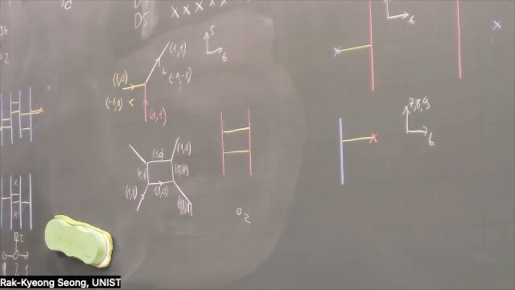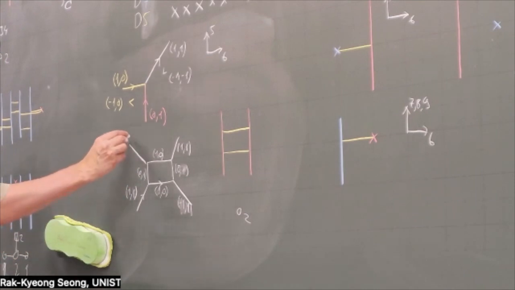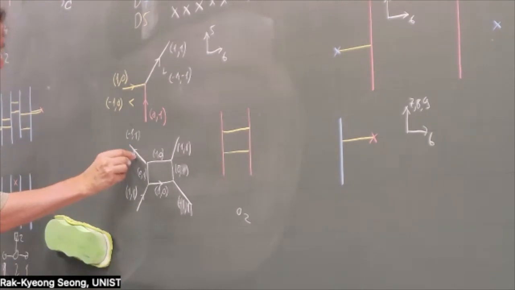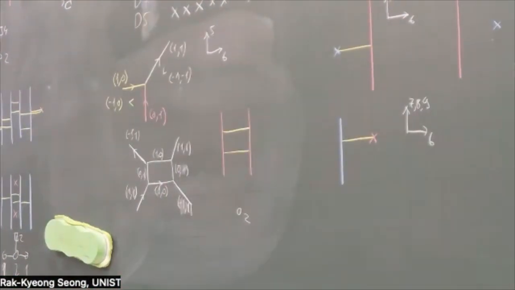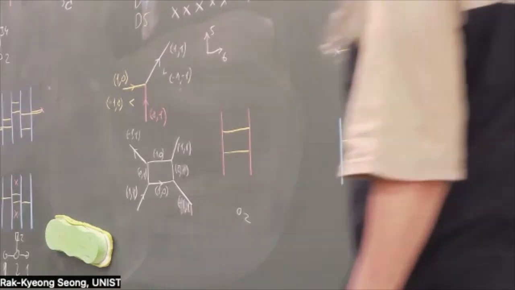And this one will be (-1,1) with this orientation. So that's a very explicit way of depicting it. Normally, when you see such drawings, those charges are omitted. It's understood that there is some balance condition at each vertex.